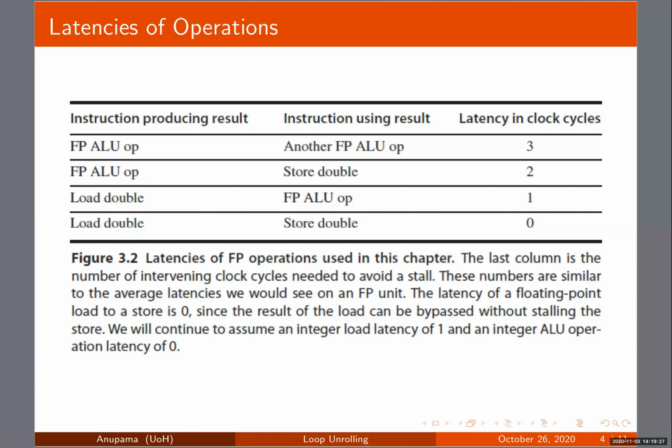How many cycles are needed before you can use the result of the first one in the second one? That is the latency. So that is 3 cycles. Between the FPALU and store, it's 2. Load double and FPALU is 1, and load double and store double is 0. Right? Okay, so these are the latencies that are used in this example.